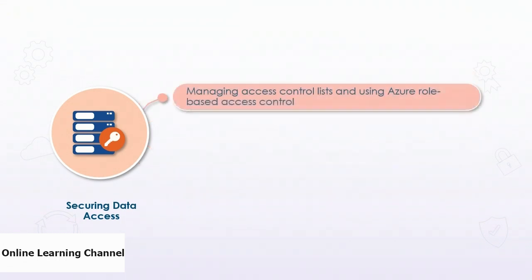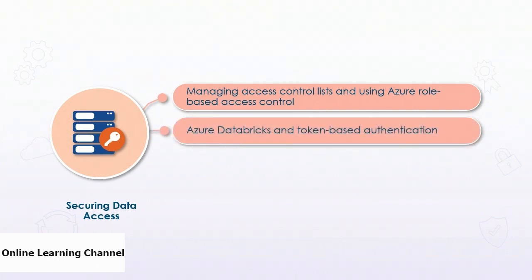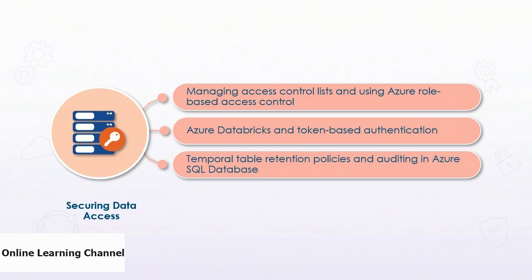We then went on to look at how to manage access control lists and using Azure Role-Based Access Control, Azure Databricks and token-based authentication. Then we looked at temporal table retention policies and auditing in Azure SQL Database.